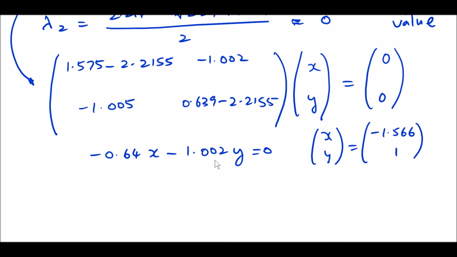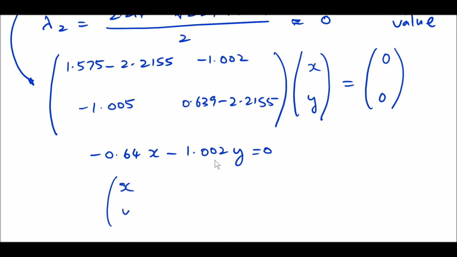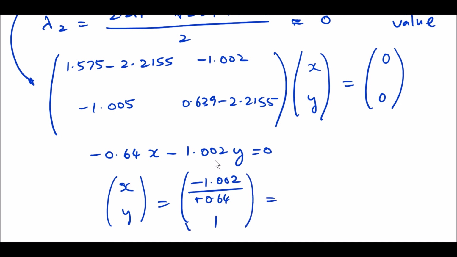To show how we got this, one more step will be better: x over y is equal to minus 1.002 divided by minus 0.64. In this case it will be plus, because when you move it to the other side, one becomes plus, and the other becomes 1. So this is because 1.002 we divide by the coefficient of x.